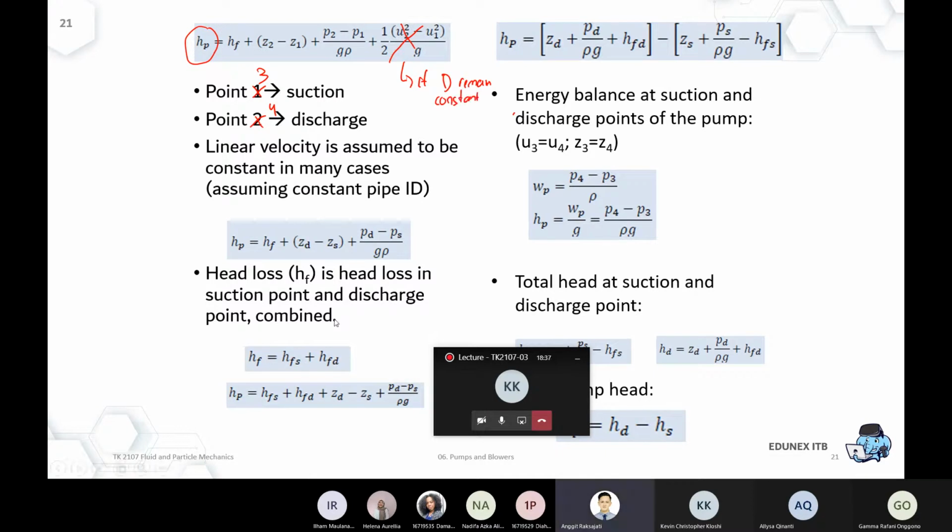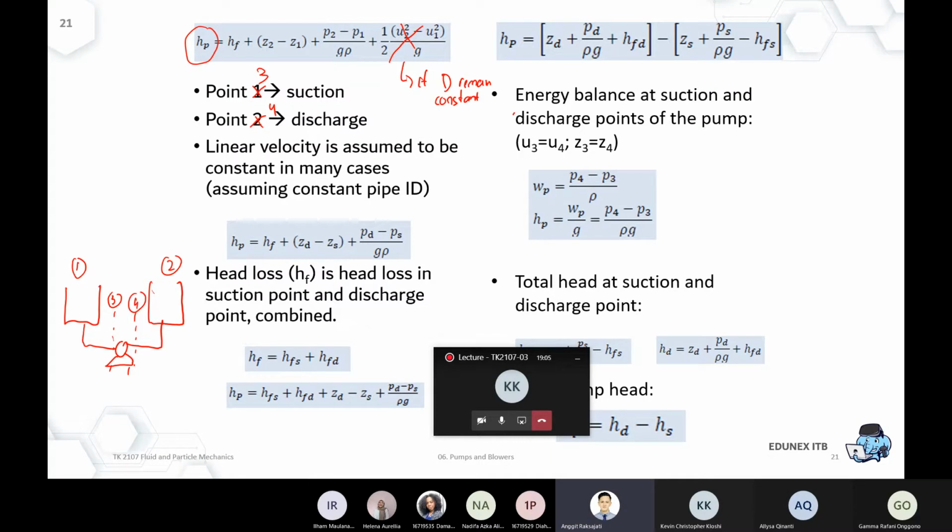Okay, so head loss is the head loss in suction point and discharge point combined. Again, just imagine the previous illustration. That's 1, that's 2, that's 3, that's 4.